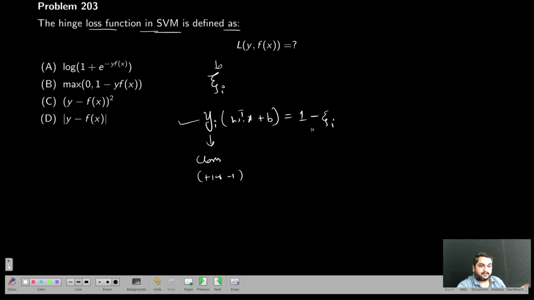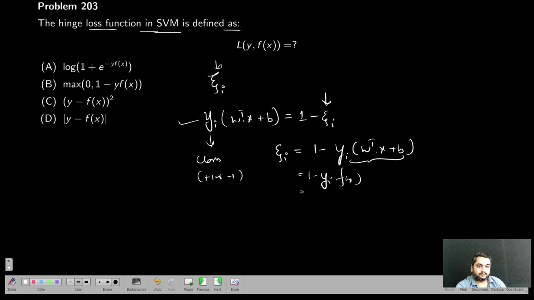So they are asking what is the value for this? What is the range it can take? You can just rearrange it to get 1 minus yi into W transpose X plus B. So this is nothing but your f of x. We already know that this zeta i cannot be less than 0.